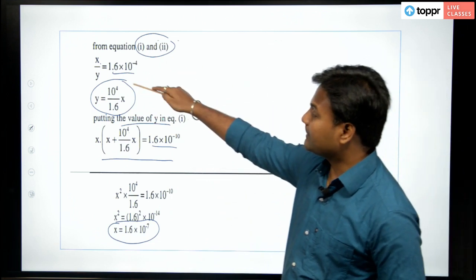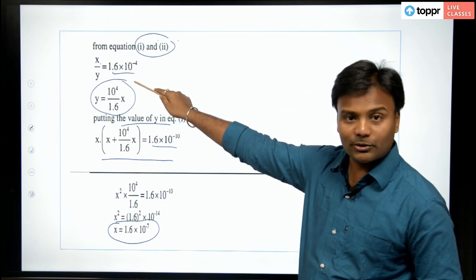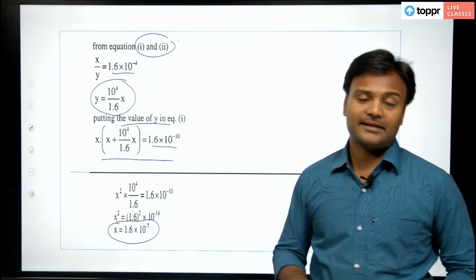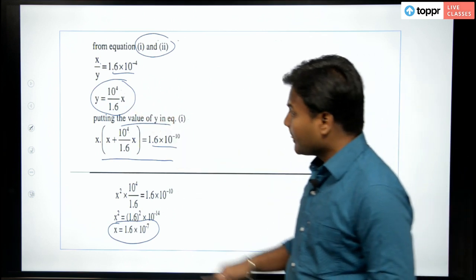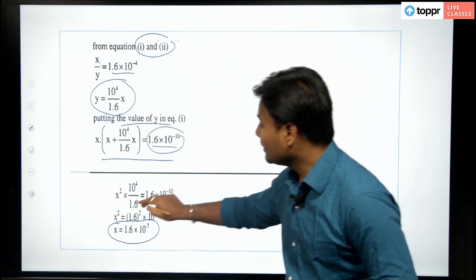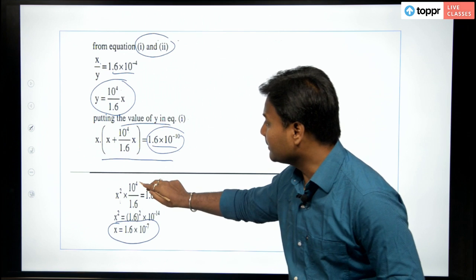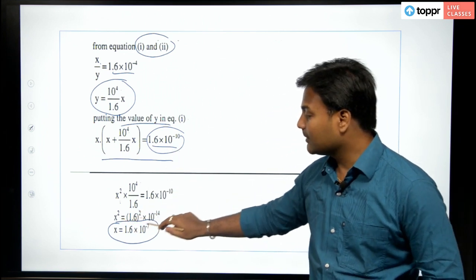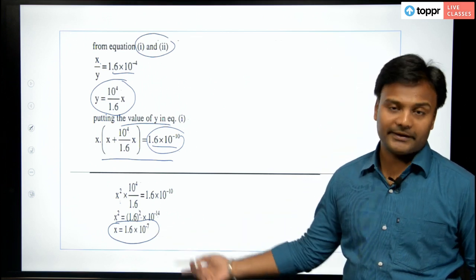You have to do simple substitution where x by y is 1.6 into 10 raised to minus 4 and y is 10 raised to 4 by 1.6x. Upon substitution you will get this value. Here, taking x square, 10 power 4 by 1.6 is this value, x square is this one, and x is the half of it.